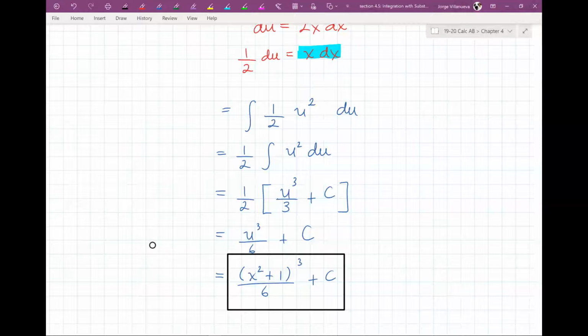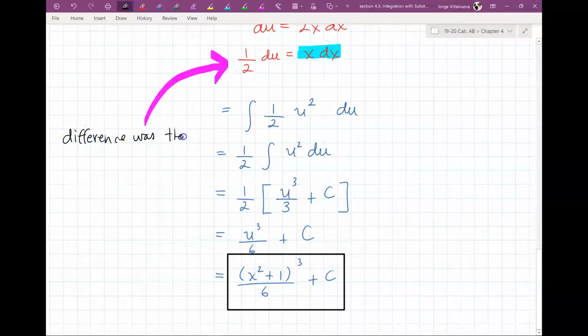So the one small thing that changed in this problem compared to the other problem was basically right here. The difference was that we had to clean up our du portion.